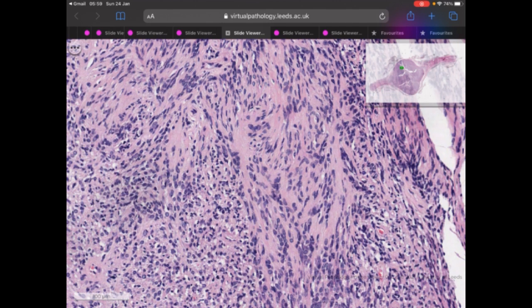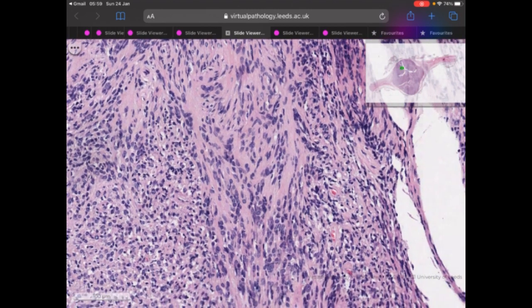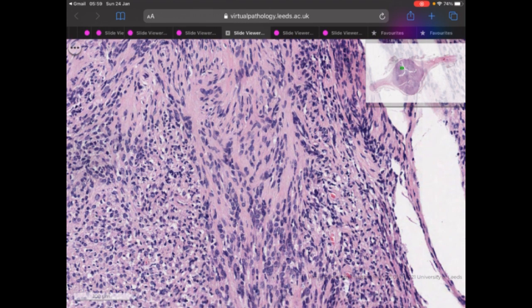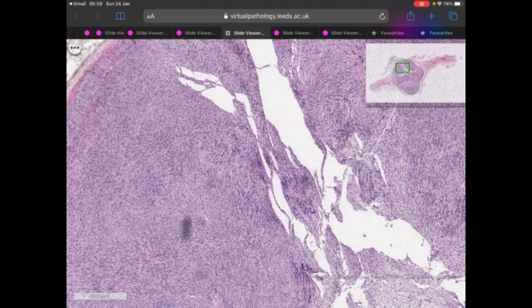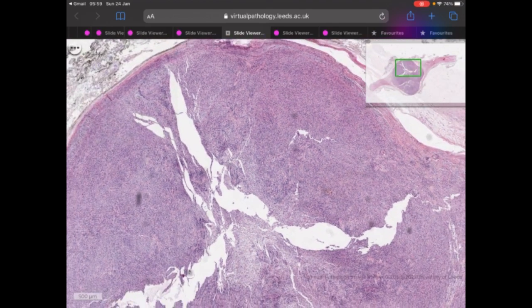When the nuclei are arranged in palisades at the periphery, we can appreciate the presence of the anucleate zone at the center. So this is what we call Verocay bodies. In this view, you can appreciate many trying to form big Verocay bodies.